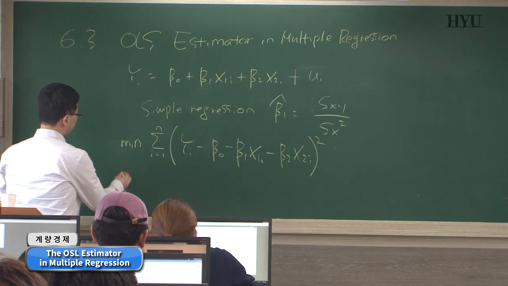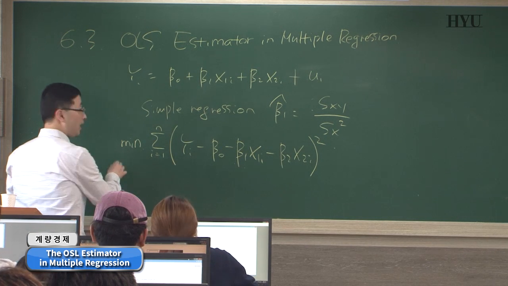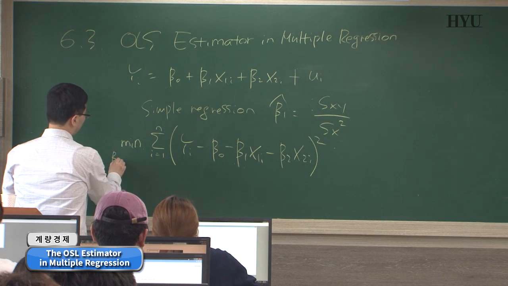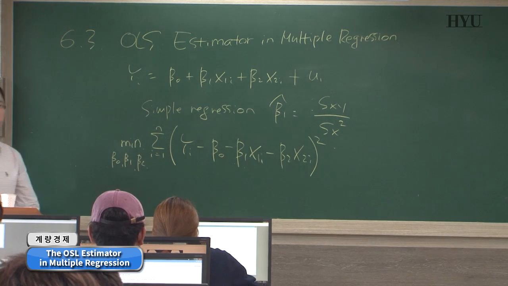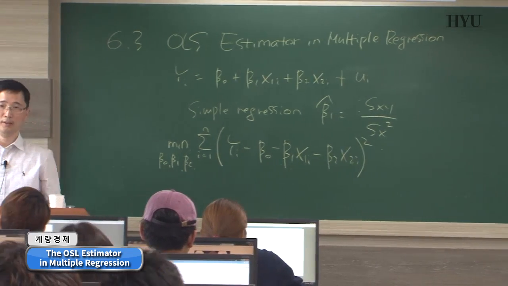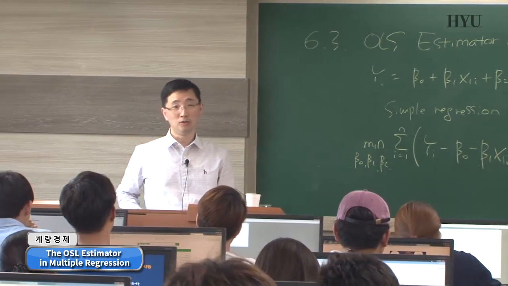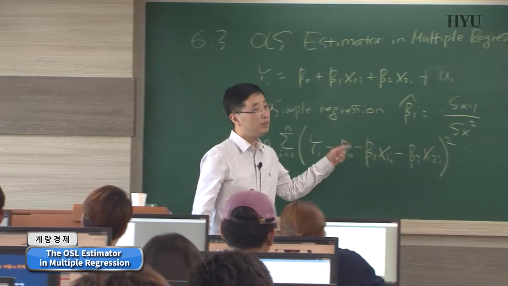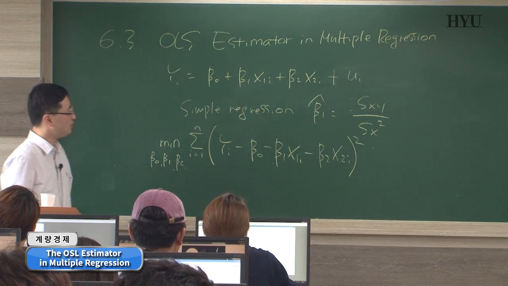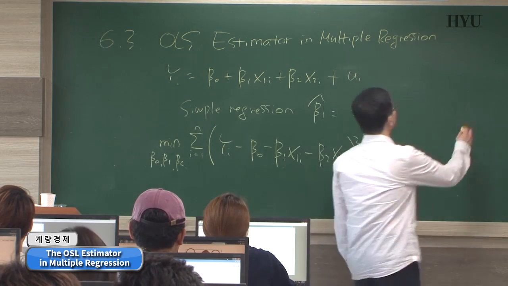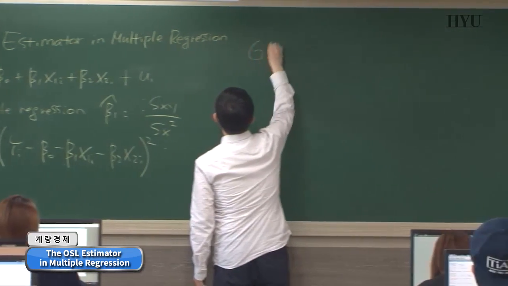When I minimize it, I have freedom to choose any value for beta null, beta 1, and beta 2. I change these three values, trying all different combinations until I achieve the minimum value of this function. So how do we minimize a function? We already know the answer, right? It's kind of repetition.